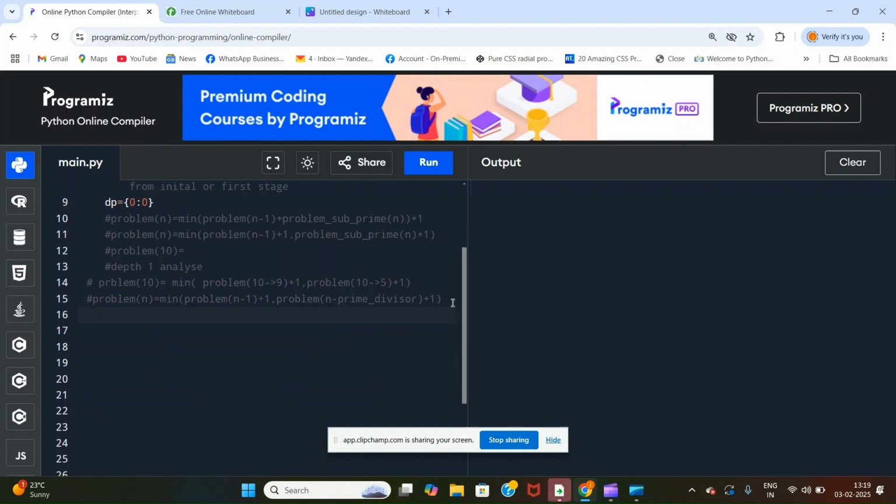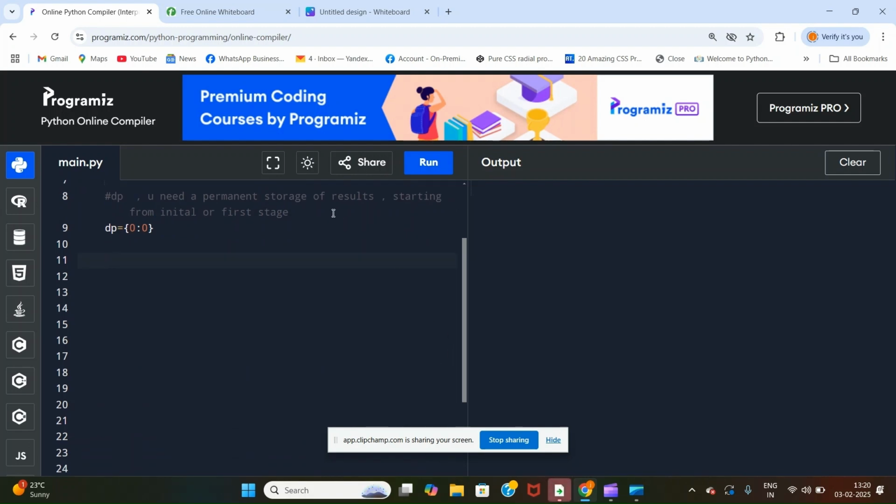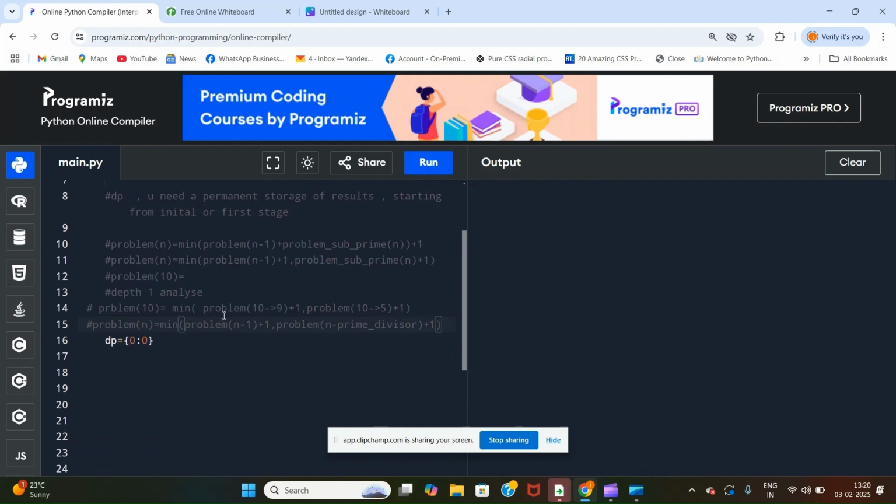Now we are left with the coding part. In the coding part also हमने dp यूज किया है और हमने अपना first step स्टोर कर लिया है. Now let's store something from the 1, that is from 1 till nth step. Okay, so copy it and paste it here.